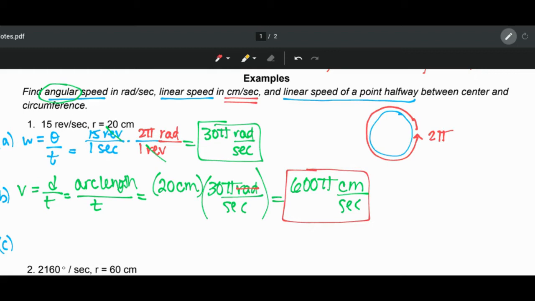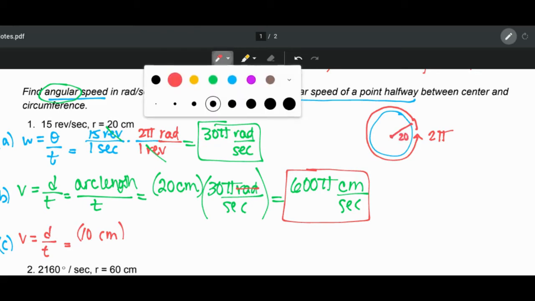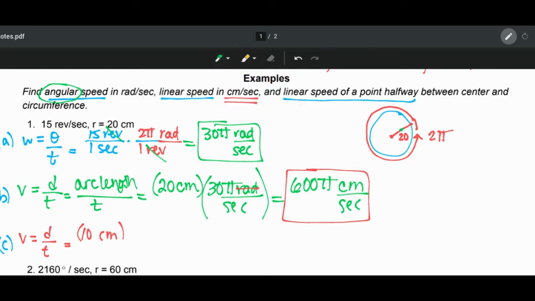All right, in part C, it's essentially the same question as part B, except for the radius, we're going to choose a point that's halfway between the center and the circumference. So your center and the edge of the circle are there. If the entire radius is 20, then a point that's exactly halfway splits it into 10 and 10.